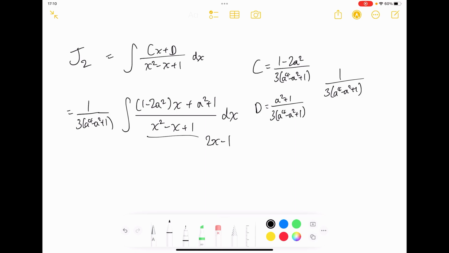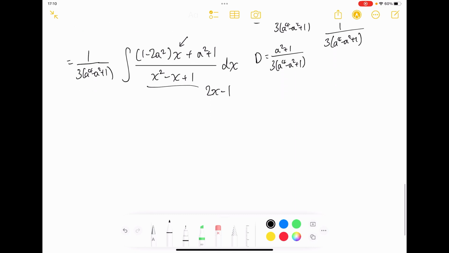And we don't have a 2x minus 1 in the numerator, so what do? Well, we make one. And we are going to use our only x right here. And first of all, let's try to get the 2x part. So, to get the 2x part, we are going to multiply and divide everything by 2.